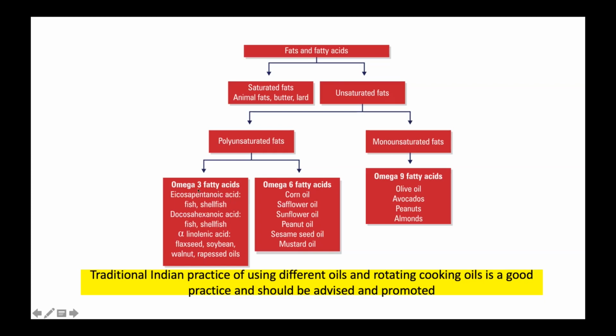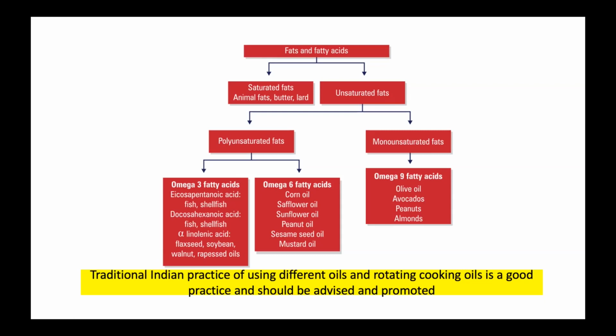Omega-3 fatty acid has to be remembered, because in subsequent slides we'll see that omega-3 fatty acid has been found to be protective against cardiovascular disease. Basically, three omega-3 fatty acids are present: eicosapentaenoic acid, docosahexaenoic acid, and alpha-linolenic acid.